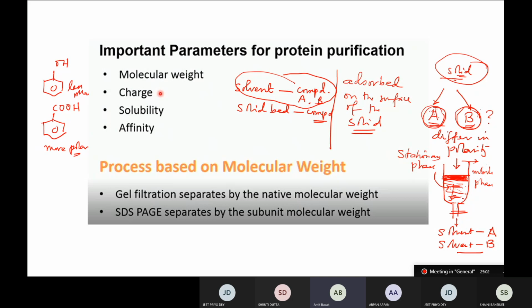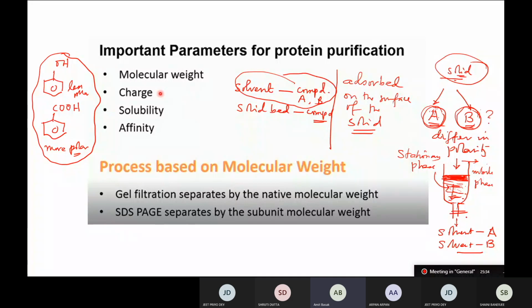So when I have a mixture of these two on top of the solid bed and then add the solvent, because of its greater interaction with the carboxylic acid, the carboxylic acid will move slower, because the solid wants to retain it, because of a larger force acting between this benzoic acid and the solid.